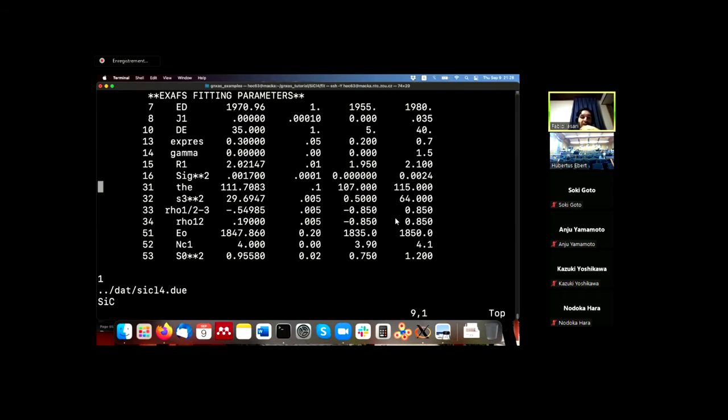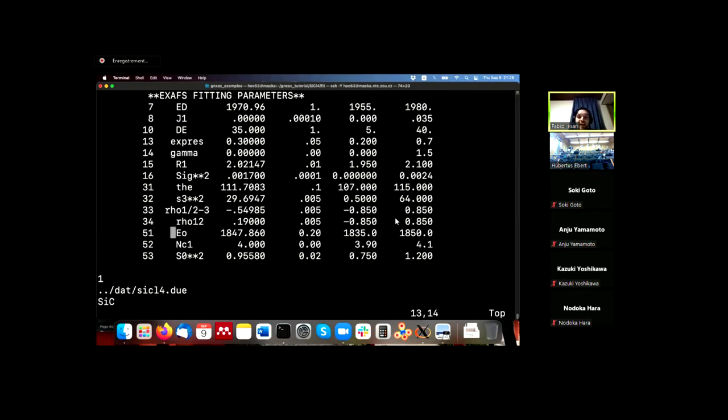And also sometimes experimental data, in different beamlines, can have slightly different values of energy because of how the beamline is calibrated. If it's not calibrated perfectly, maybe there is some slight shift.